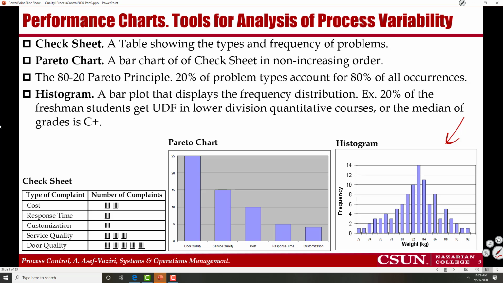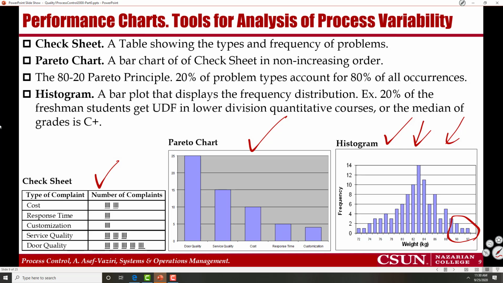And then I prepare something like this, which is a histogram. This specific case is related to the weight of a garage door, and it considers points where the weight was too high, the product was heavy, and it was not easy to use. Check sheet, Pareto chart, histogram. I think we are fine with these tools. I think we have seen all of them before.